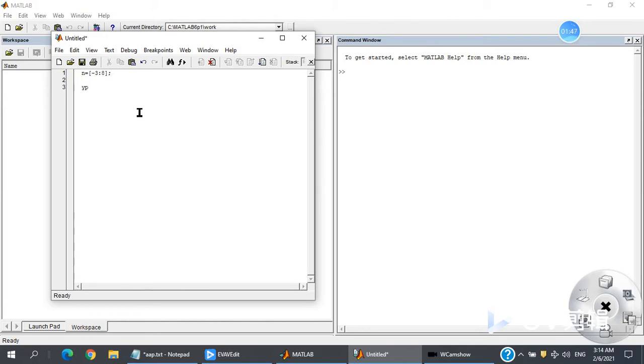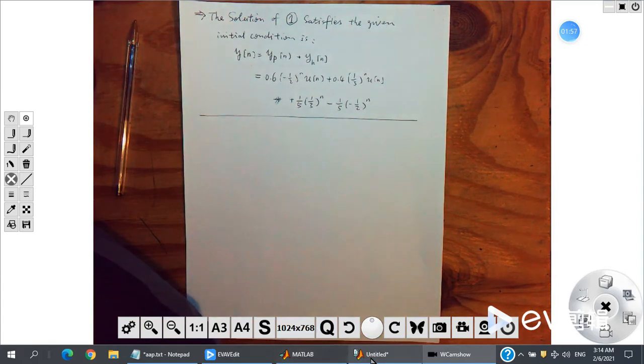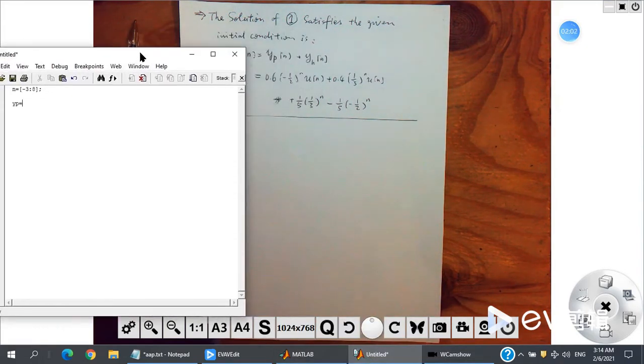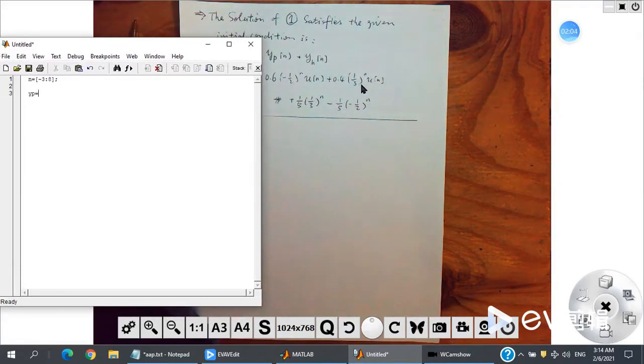And the particular solution is here. No, this is not the particular solution, this is the whole thing. The first two terms are the particular solution, the last two terms are the homogeneous solution. So the particular solution is 0.6 times -1/2 to the power n. Now n is a vector, so I need to put a dot here.